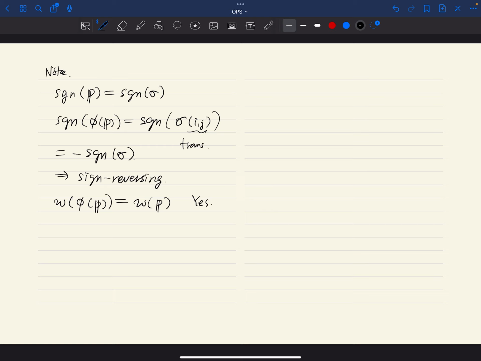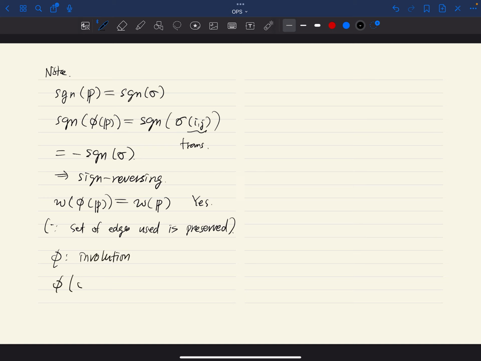It may belong to a different path, but they are all there. The set of edges with multiplicities is preserved, so this is true, because the set of edges used is preserved. So it's sign reversing.